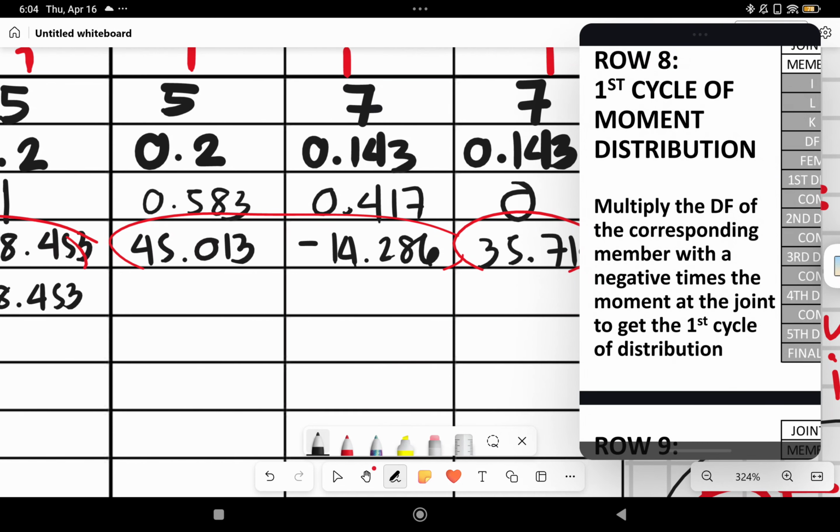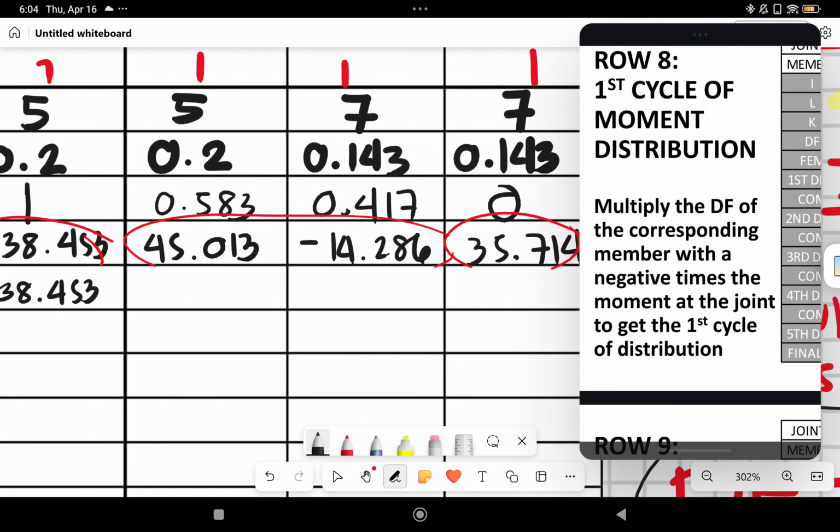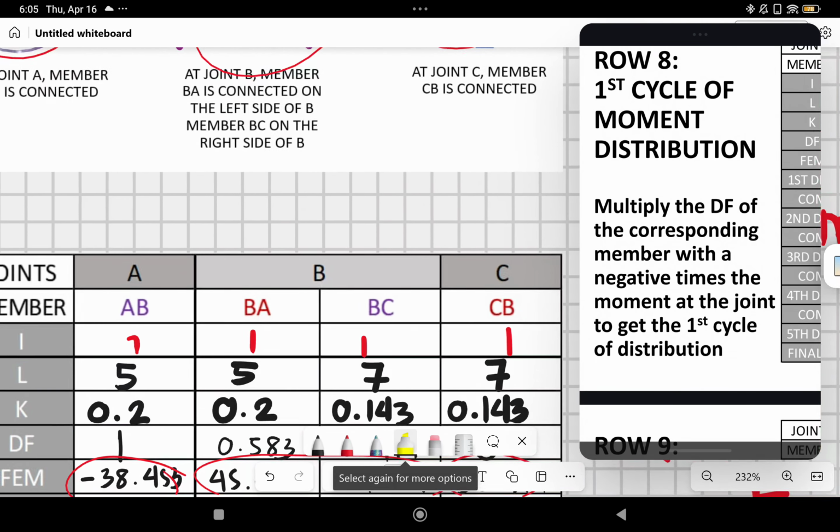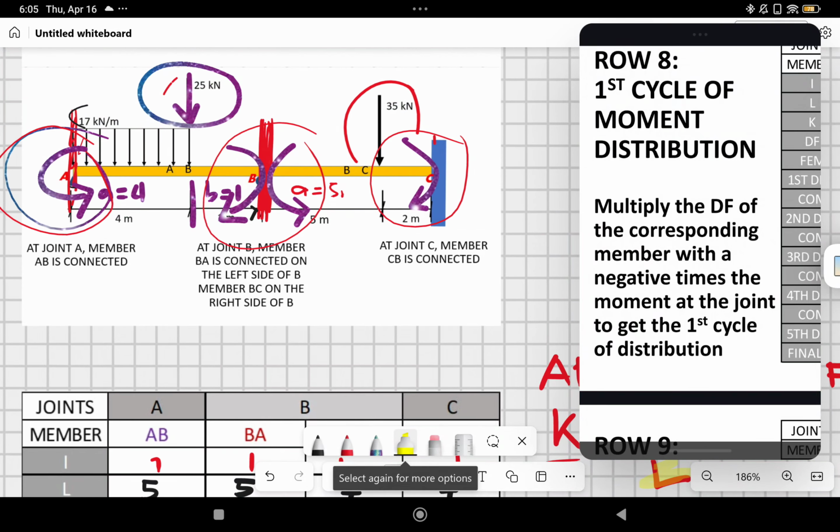And then at joint B, there are two moments acting at joint B, which are this one and this one.